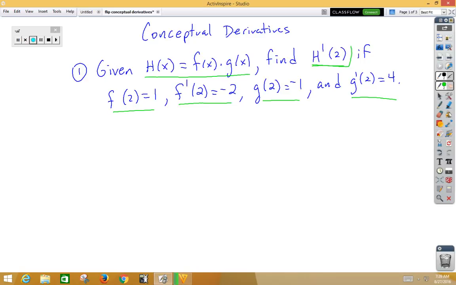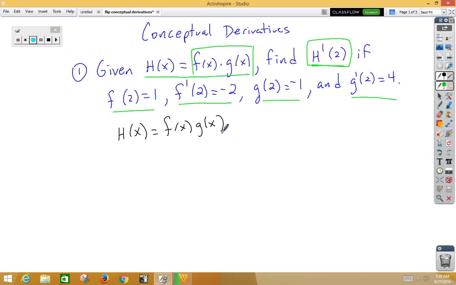If we want to find h prime of 2, that means find the derivative of h, then plug in a 2. Well, h is two functions being multiplied together, which would be product rule. So let's write out the product rule for h of x is equal to f of x times g of x.